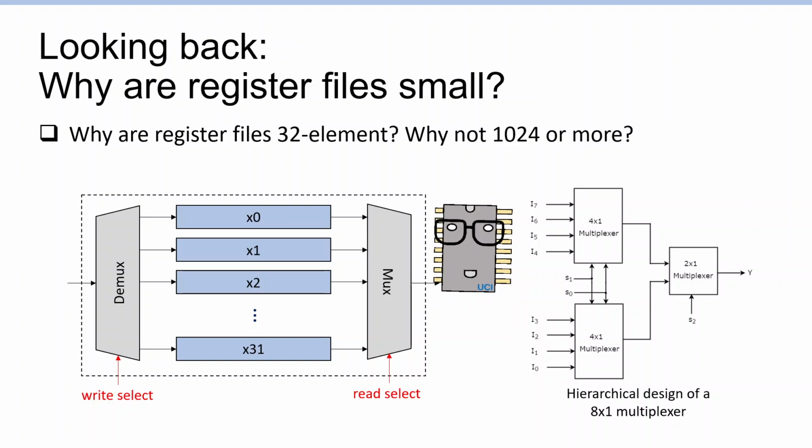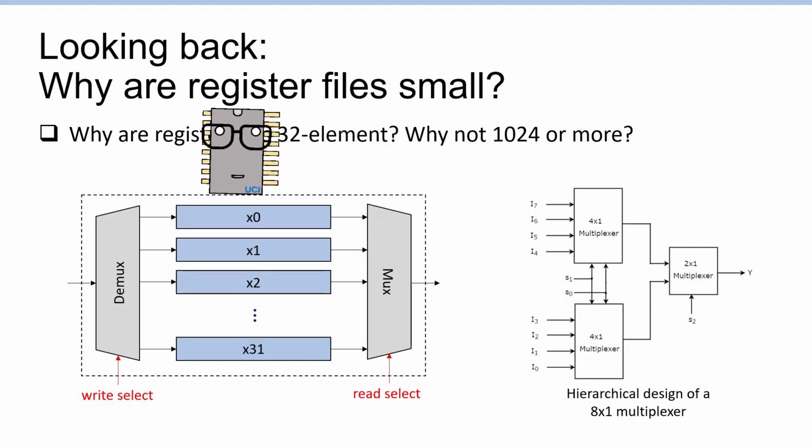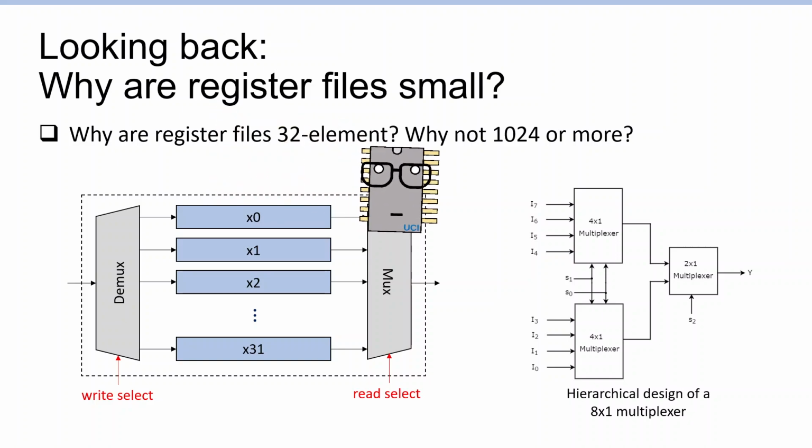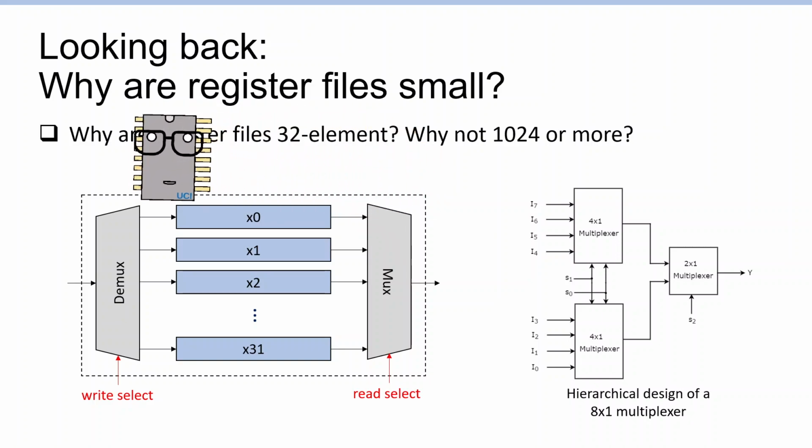Because register files need to be randomly accessible by the instruction, the register file implementation in terms of circuits needs to have multiplexers and demultiplexers before and after each register, so that when a single instruction wants to write to any of these 32 registers, it can go through a combinational multiplexer and demultiplexer path so that it can be applied within the same clock cycle.